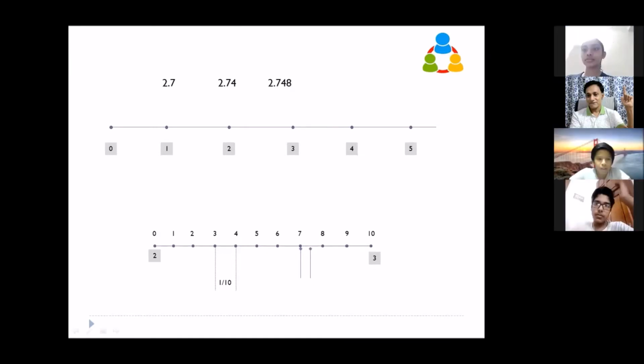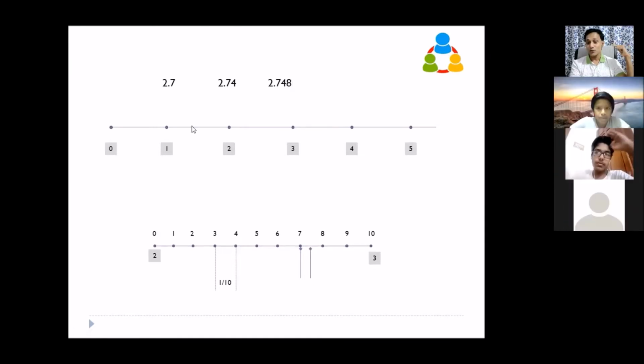1000 divisions. So what will you do? Here we divided between 7 and 8, like Avinash told, we made 10 divisions. Like Adnan told, between 2.74 and 2.75, you will make 10 more divisions.